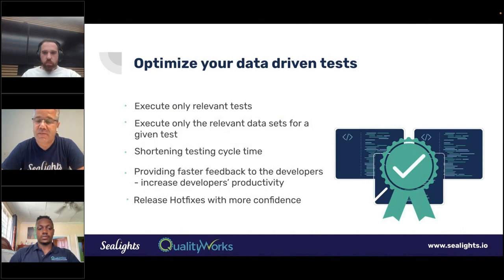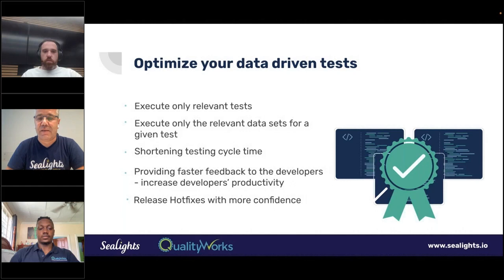Same goes for hot fixes. In many cases, with hot fixes, you only have a very limited time, and you would need to run a subset. But if you don't have a smart way to select the tests for you, you might end up manually selecting a subset of your tests or data sets, and that's very error-prone.